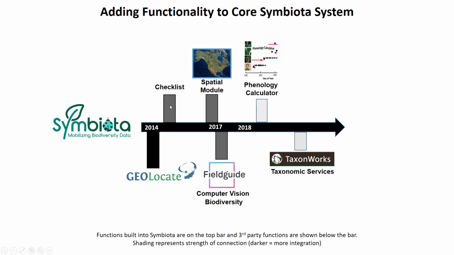Developing checklists have been in Symbiota for quite a while. The spatial module was implemented last year, and literally in the last couple of weeks, I think we can officially say that Field Guide computer vision is integrated into at least the SCAN Symbiota site.